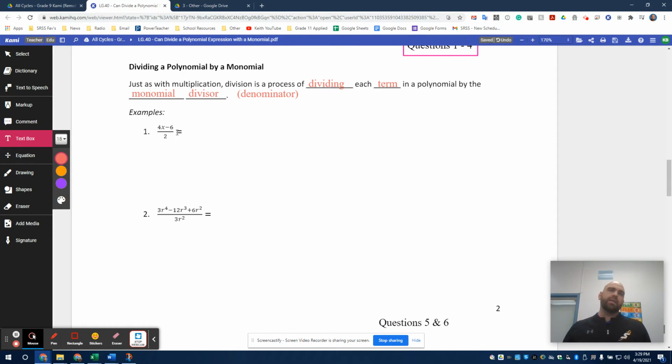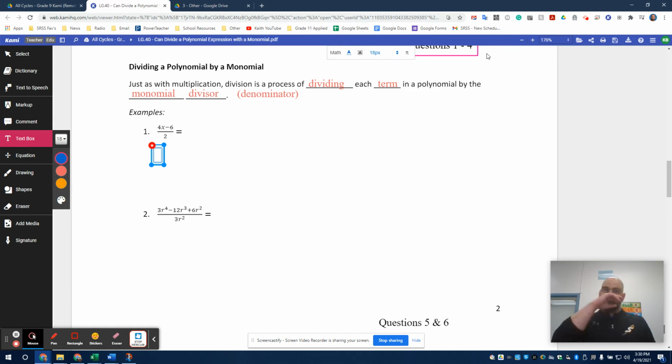So in this case, we now have a binomial on top, and we're going to divide each of these terms by the denominator, which is 2. Often it'll work out really nice, and I'll try to make those decently nice. If not, we're going to end up with fractions. Just leave them with fraction coefficients, and that will be good.